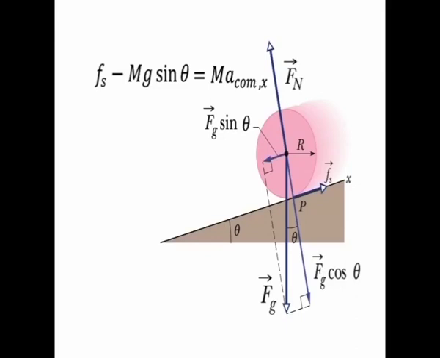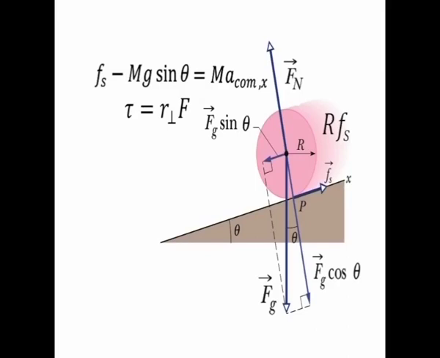For this, we shall first use the torque equation tau is equal to r perpendicular times F, derived in an earlier lecture, to write the torques on the body about that point. The frictional force Fs has moment arm r and thus produces a torque r Fs, which is positive because it tends to rotate the body counterclockwise.